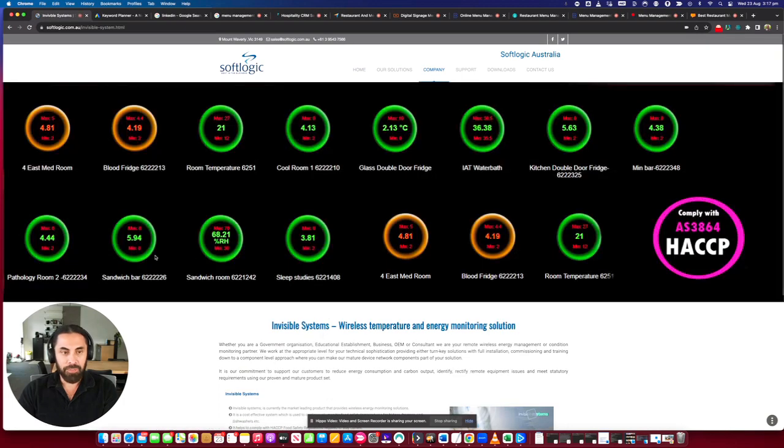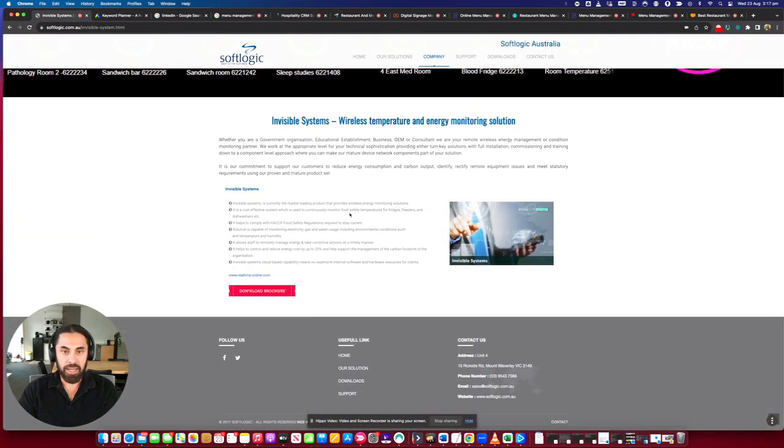This is like a fridge monitoring system that enables businesses that are keeping products cool to keep them at the right temperature. Otherwise, they run the risk that it's going to cause some issues to the end user. So there's a level of compliance that these people need to meet, and this system will enable them to do that. So how great is that?